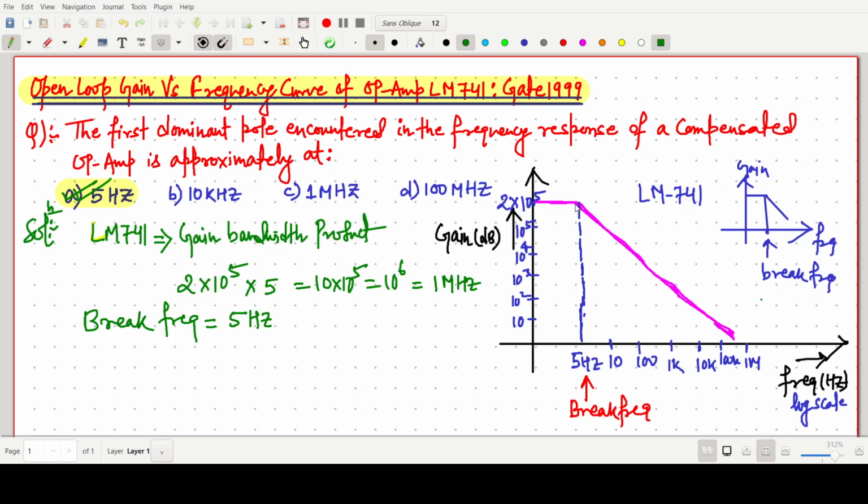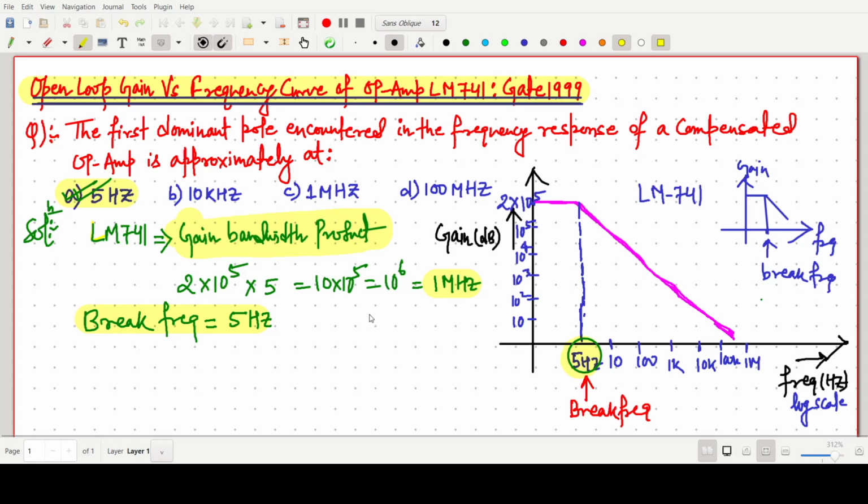This is very important: the break frequency, and the gain bandwidth product is constant. This is the gain versus frequency curve of an op-amp.